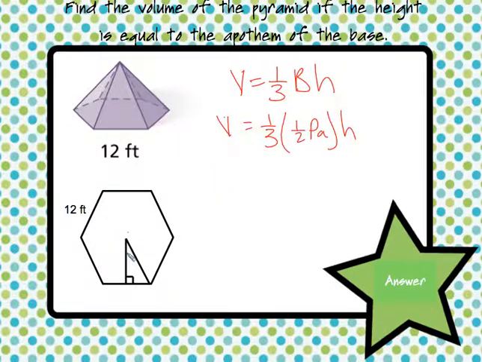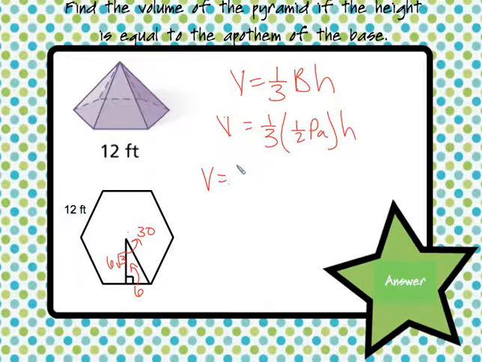So hopefully you remember on a hexagon this is 30 degrees. So you take half the side, put it here, and multiply that by radical 3 to get the apothem. So you have 6 radical 3. Now it doesn't say if we find exact or not, so we'll have to just see.